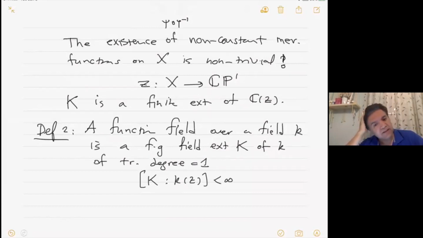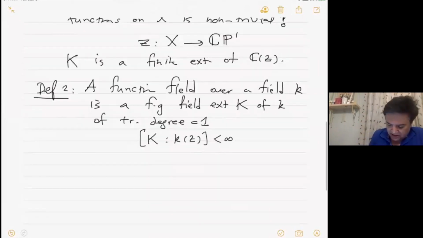We can define this way something like a Riemann surface, but this is now an algebraic curve over a field. And the field k doesn't need to be even algebraically closed. And there are versions of Riemann-Roch that work for non-algebraically closed fields. So that's the second definition.